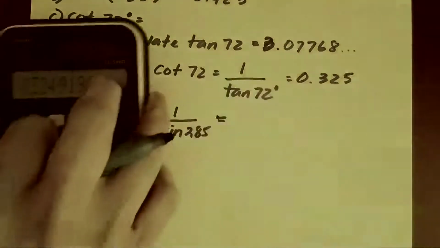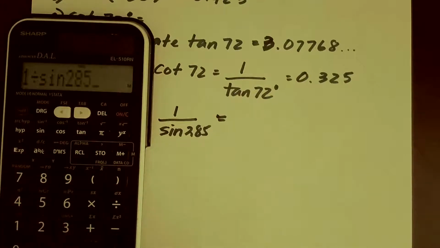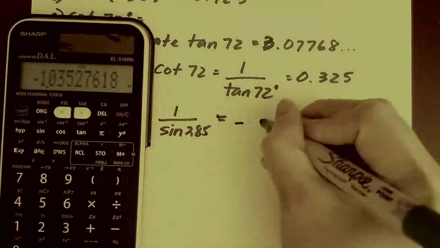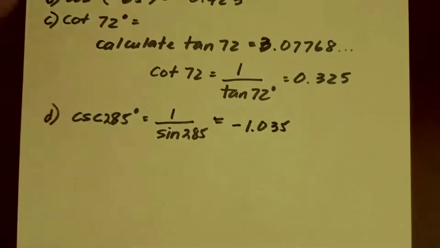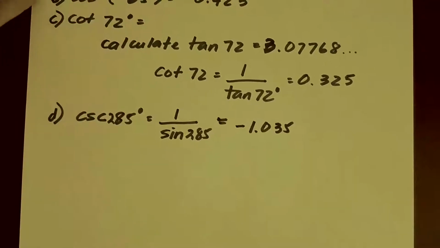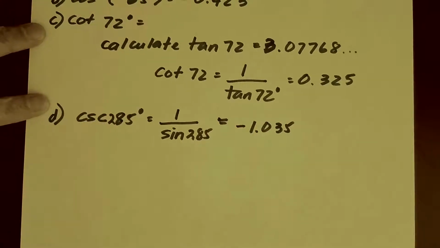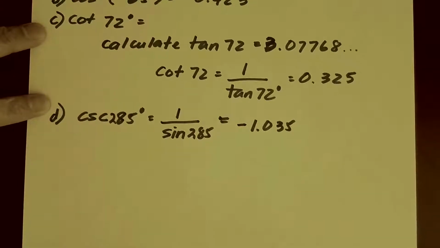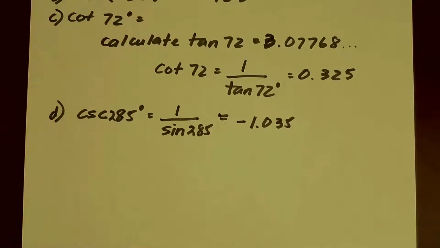So it's going to be 1 divided by sine of 285 degrees, and we get negative 1.035. The first two we just type into the calculator, but C and D set us back a little and made us think about what cotangent and cosecant are again. That's how you would do that one.